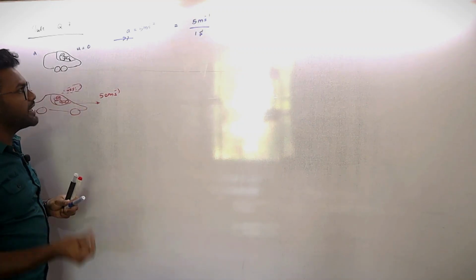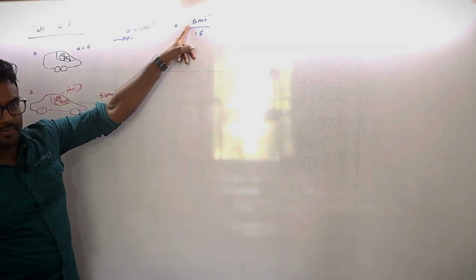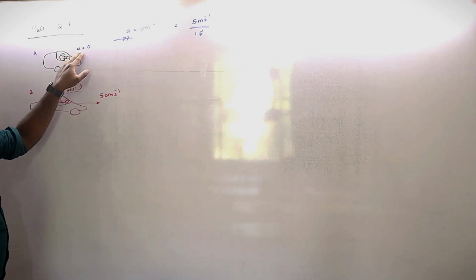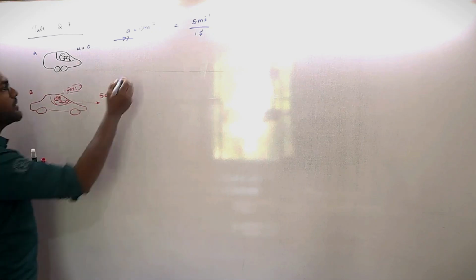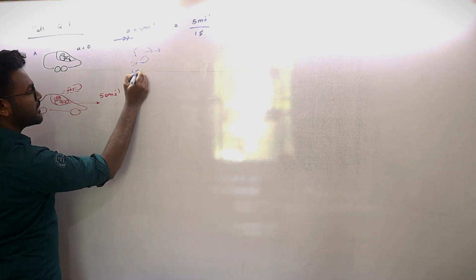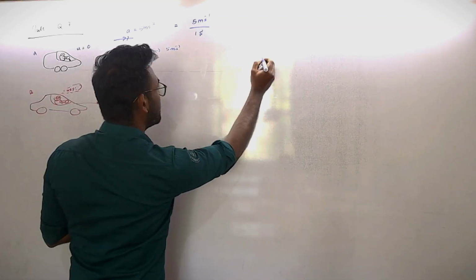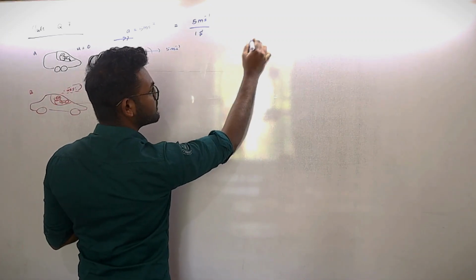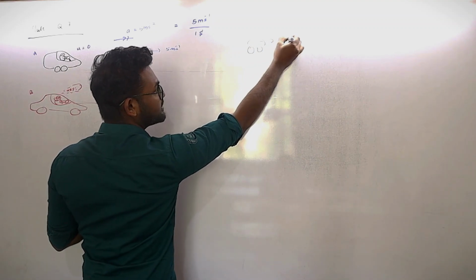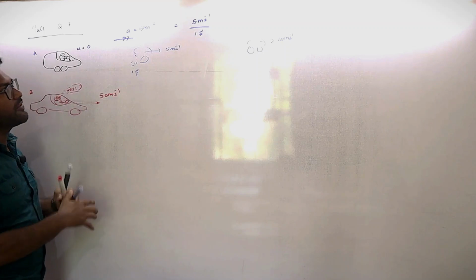That means for each and every 1 second, the velocity will be added by 5. So starting velocity will be 0, but after 1 second, what could be the velocity? 5 meters per second. And 2 seconds, it has to be 10 meters per second. Likewise, the velocity will be increasing by 5.